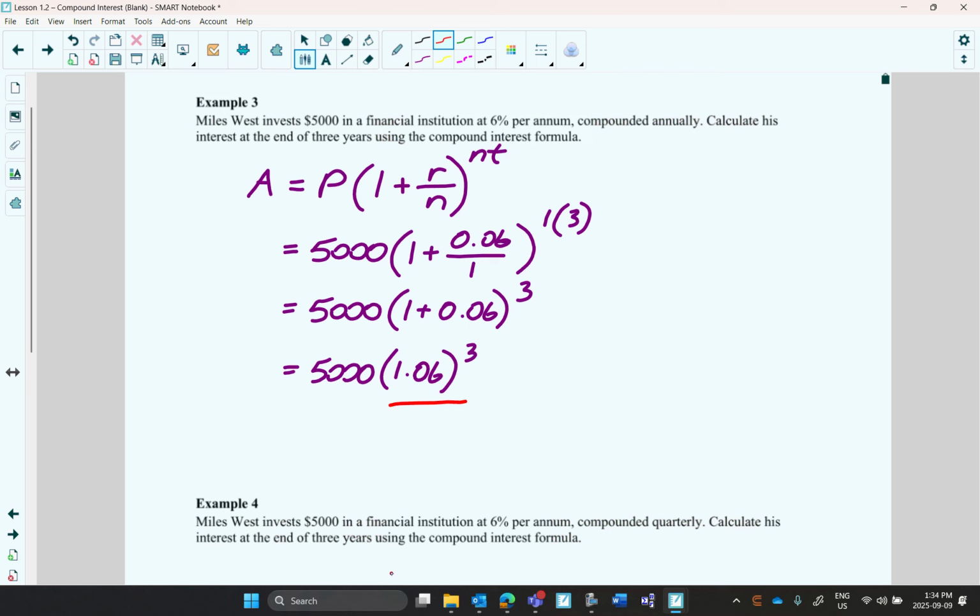And you should get the amount of your investment and the interest you made. And you should get 5,955.08. Is that right? Yeah.